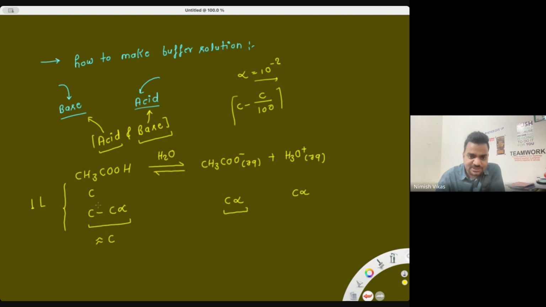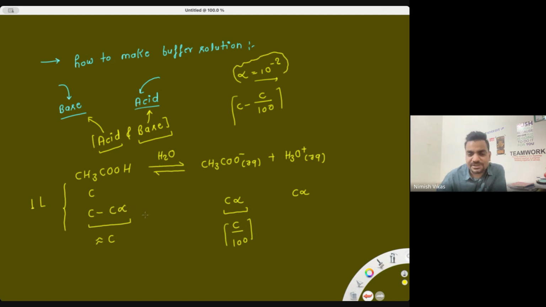So usually the degree of dissociation of acetic acid, which is a weak acid, comes out to be 1% or even less than that. So this remains almost C, and this value is roughly, let's say, C by 100, as alpha I have assumed here to be 10 to the power minus 2.